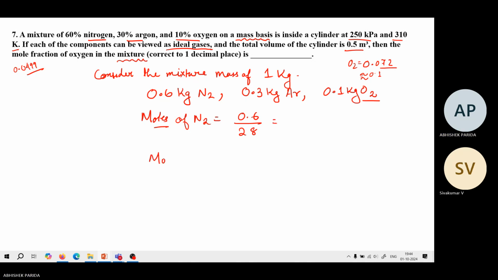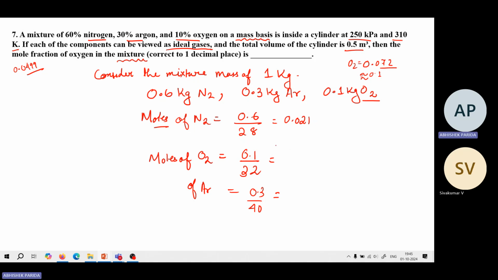Moles of oxygen is 0.1 divided by 32. Moles of argon is 0.3 by 40. Moles of nitrogen is 0.6 divided by 28, which is 0.021.